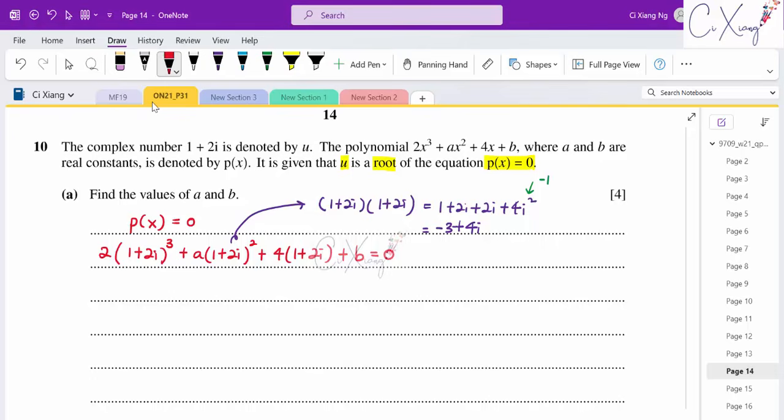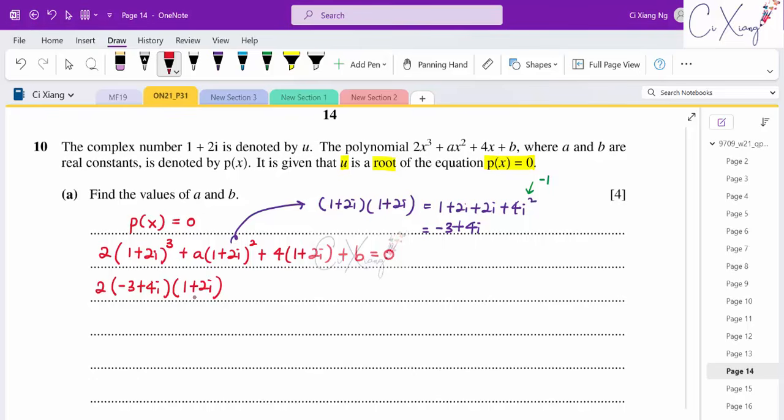So if I substitute and continue my calculation, (1 plus 2i) cubed is (1 plus 2i) squared multiplied with (1 plus 2i). The (1 plus 2i) squared I write as negative 3 plus 4i, multiplied with 1 plus 2i.